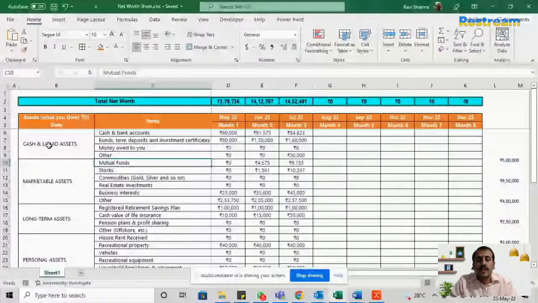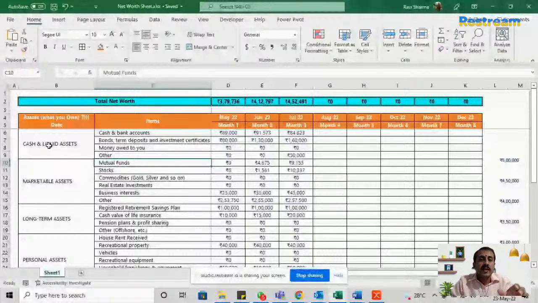The other assets are the personal assets. Personal assets are especially the house rents, if you have your own house which you are giving for rent and earning rent, and your vehicles. How many vehicles do you have, and what is the cash value of each vehicle?